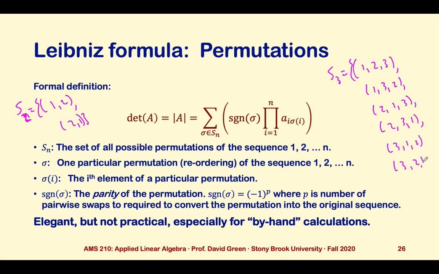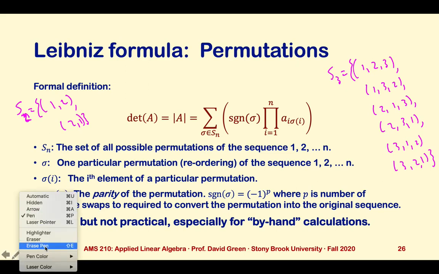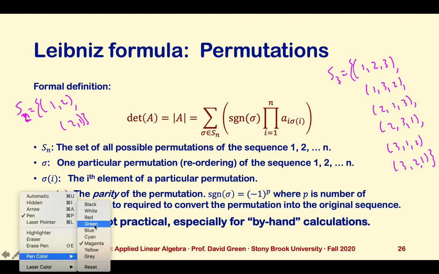And it turns out that there are 6 such orderings. That's what we mean by S, this set of the different ways we can reorganize the sequence of numbers 1 to n. We use sigma to mean any particular entry from this.